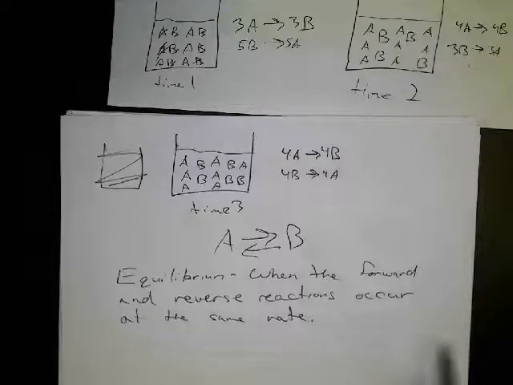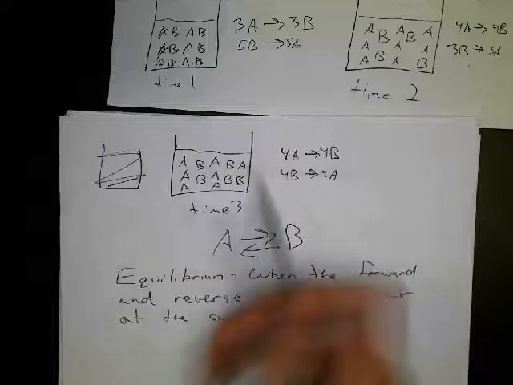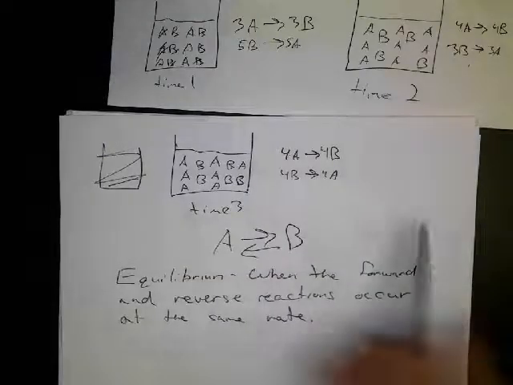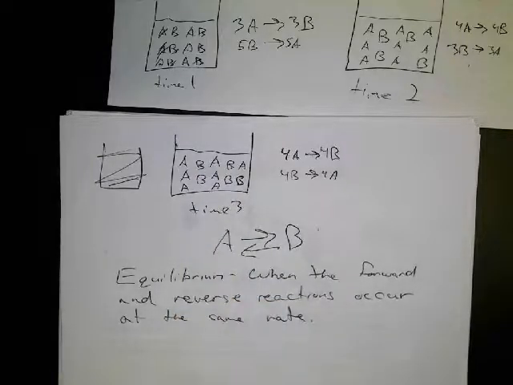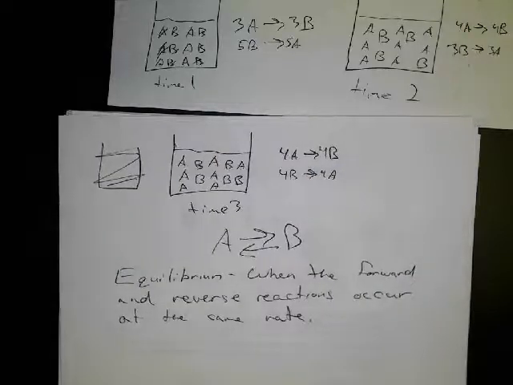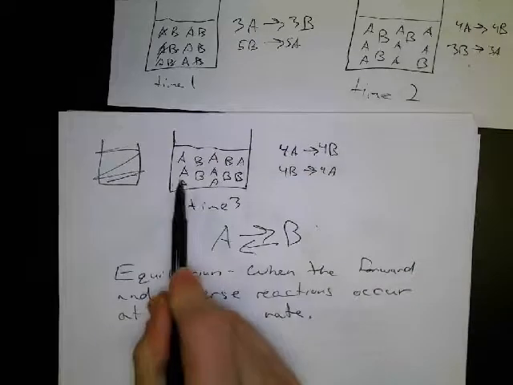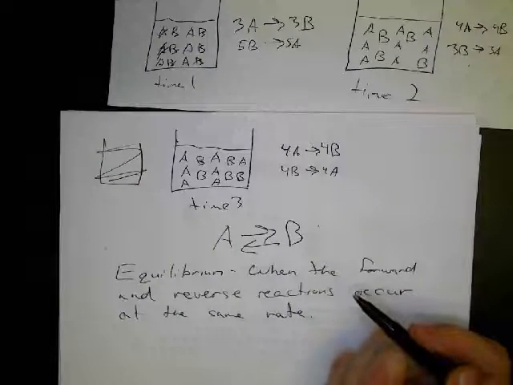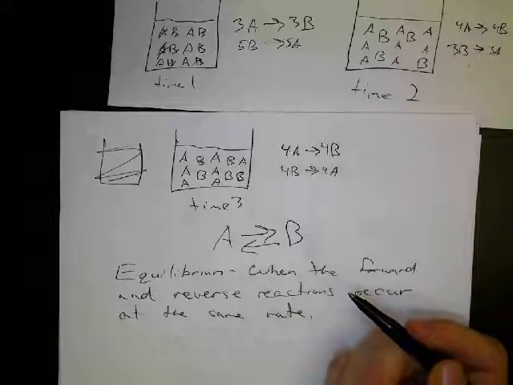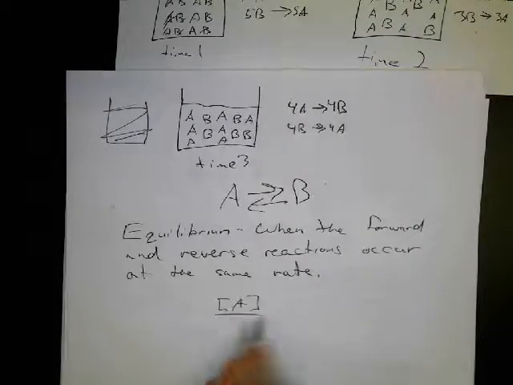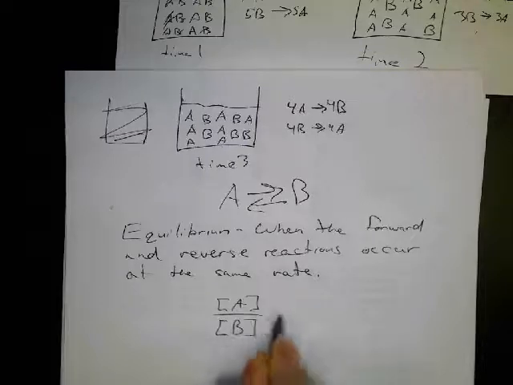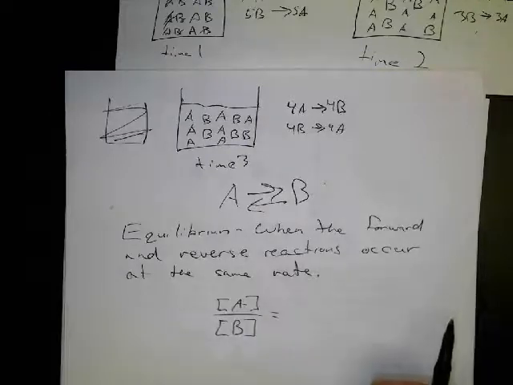And we can look at this solution. In this particular solution, there were 7 A's and 5 B's, and that's never going to change. There will always be a ratio of 7 to 5. Okay? So what we'll say is we could take the concentration of A and divide it by the concentration of B, and we would get some number. And that number is not actually dependent on how much we started with.